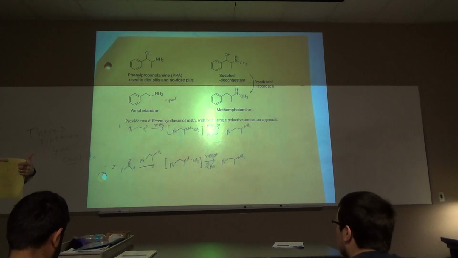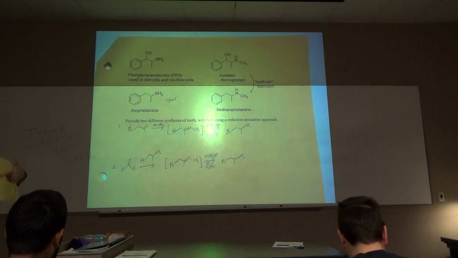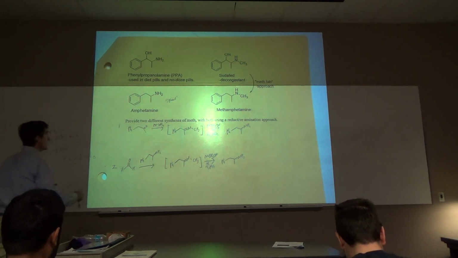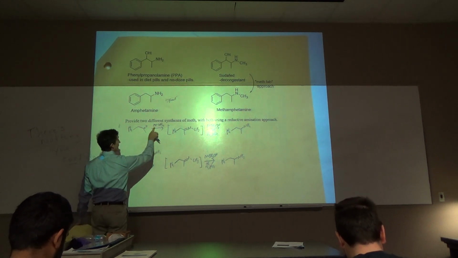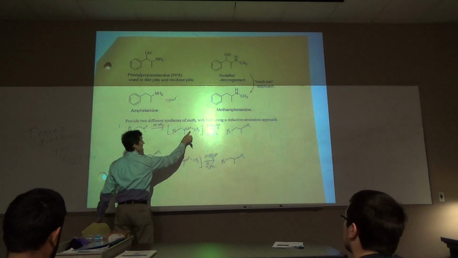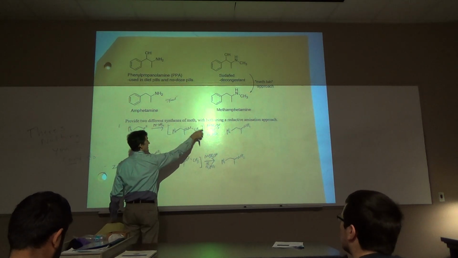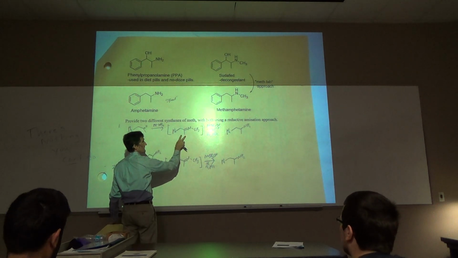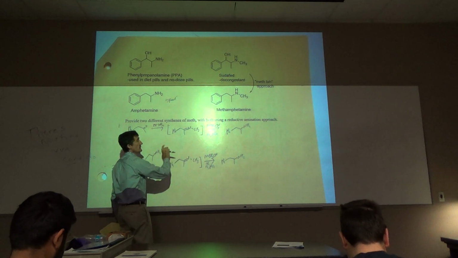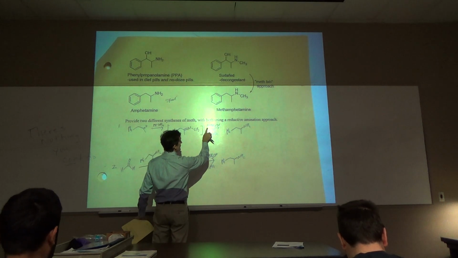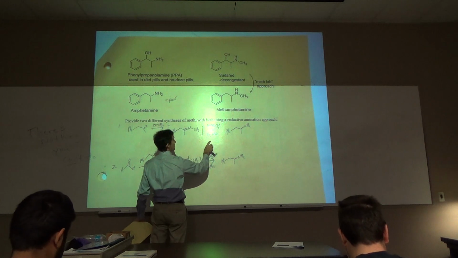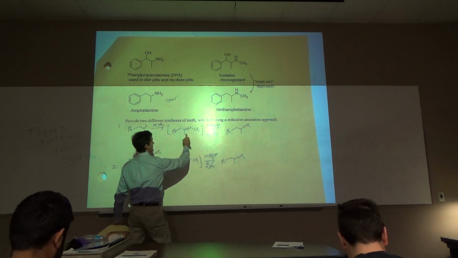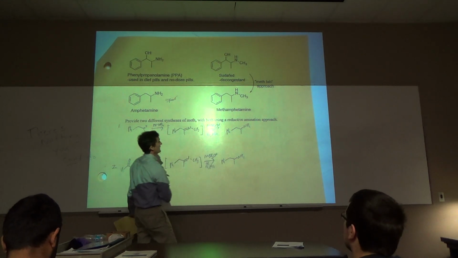They come together to make an imine, and then you reduce that down. So you combine this ketone with methylamine to make this imine, in brackets here because it's not isolated, or you could isolate it. You don't have to. Use sodium cyanoborohydride or H2 with palladium on carbon to reduce the double bond.